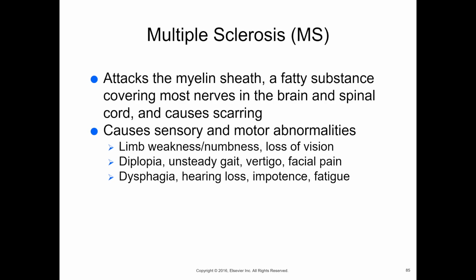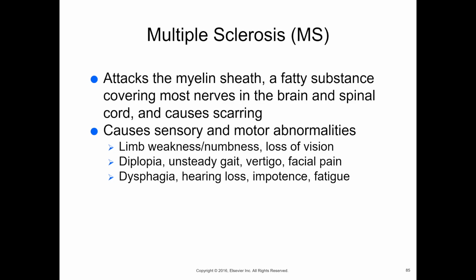Next is multiple sclerosis. This is an inflammatory disease thought to be autoimmune in nature of the central nervous system. It's a demyelinating disease. So remember, myelin wraps around the neuron axon, and it helps speed up nerve transmission. So typically people with MS start off initially with weird sporadic type symptoms.